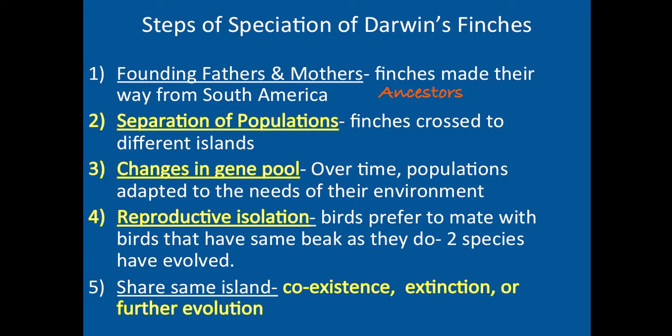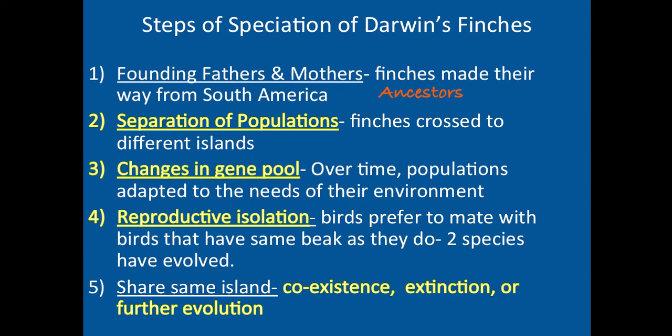Number 4 says reproductive isolation. Highlight that because it's in yellow. The birds prefer to mate with birds that have the same beak as they do. So now we have, once again, reproductive isolation, and this is causing 2 species to evolve.